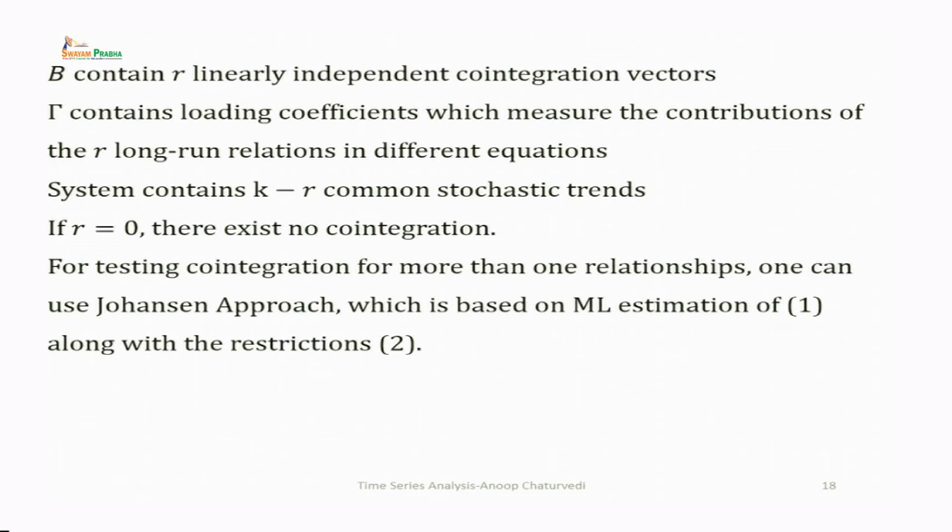So, suppose rank of pi is r, then you can find this kind of matrix B, which gives you the r linearly independent cointegration vectors. Then you have r long run relations in different equations. Then the system contains k minus r common stochastic trends, and if r is equal to 0, then there is no cointegration.